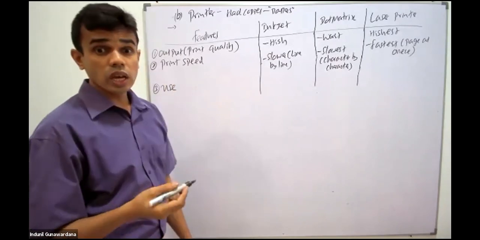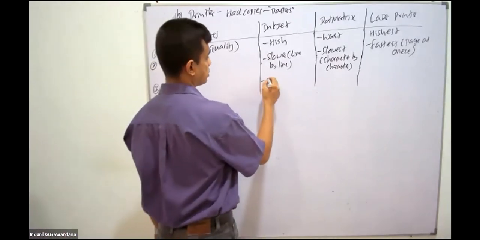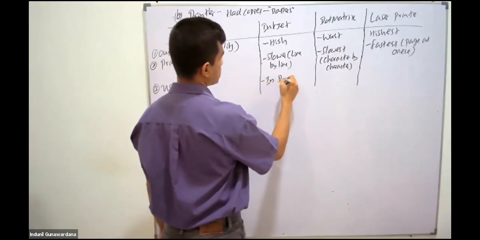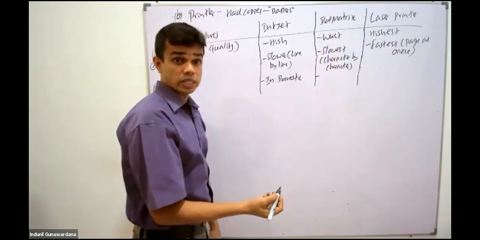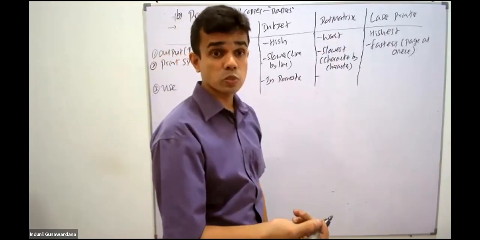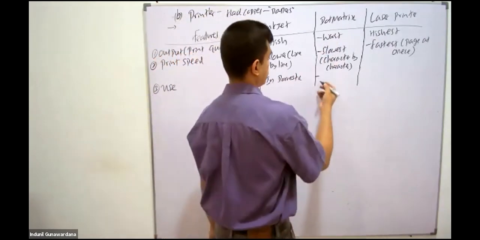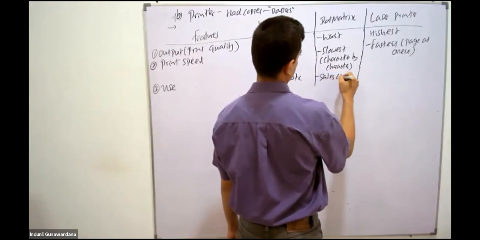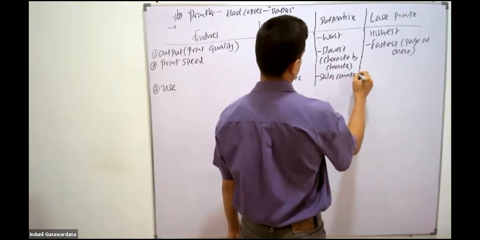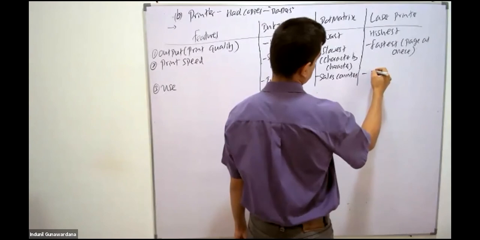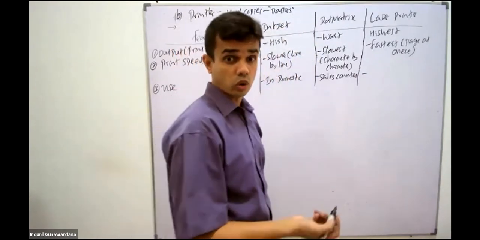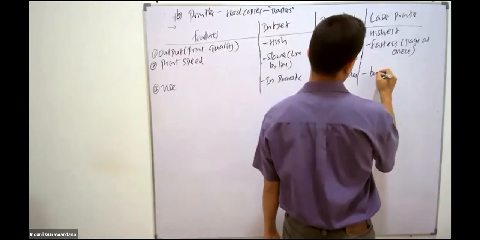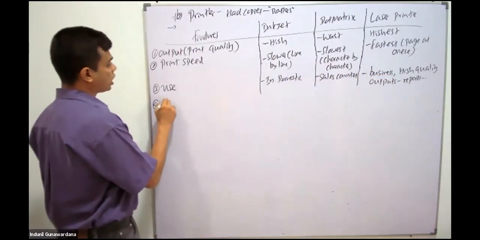We can say where they are used. Inkjet is used in our domestic or home environment, whereas dot matrix is used in businesses, especially in sales counters. Laser is used in businesses to prepare reports or high quality outputs. Next, which gives you color printing?